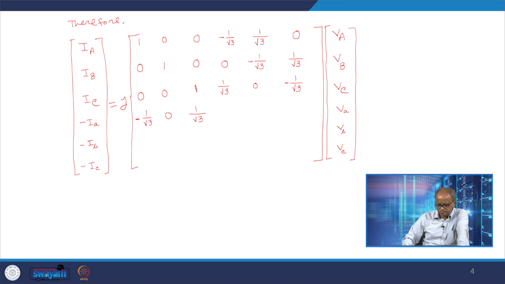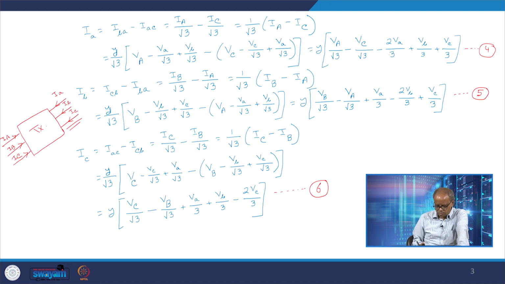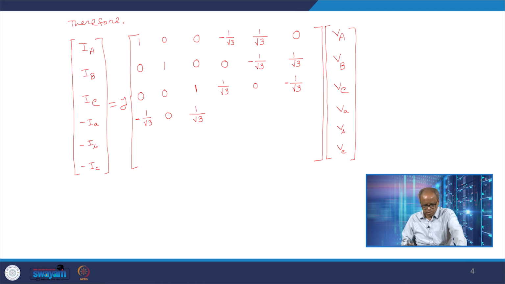And then it is plus 2 by 3, minus 1 by 3, minus 1 by 3, because I am taking minus 1. So it is plus 2 by 3, minus 1 by 3, minus 1 by 3. So that is minus I small a.